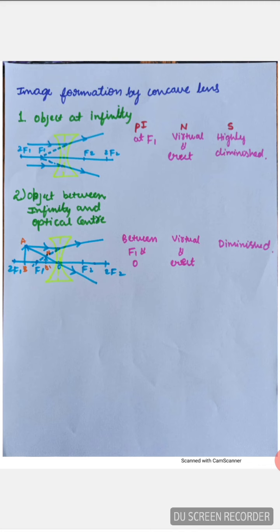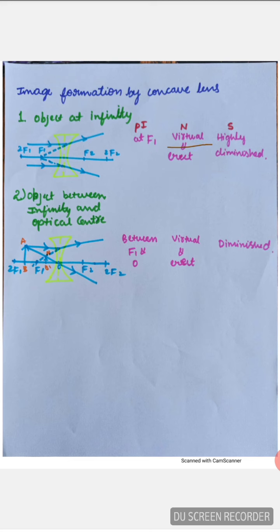Since the rays are appearing to meet, whatever image is formed will be virtual. If it is virtual, it is always erect. So when you place the object at infinity in the case of concave lens, you will get the image at f1, and the image formed will be virtual and erect, and it is highly diminished or point sized.